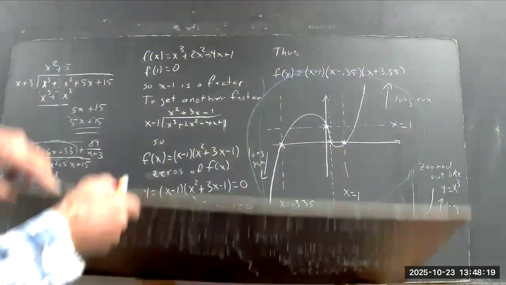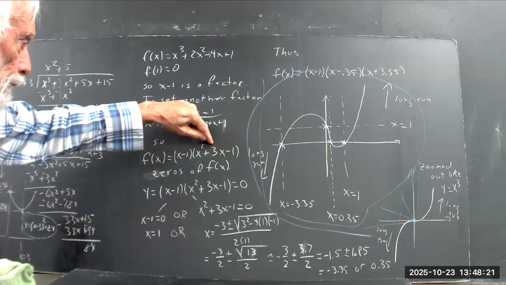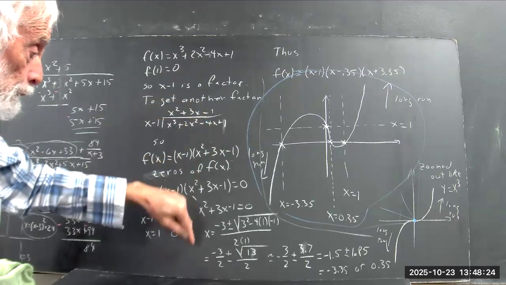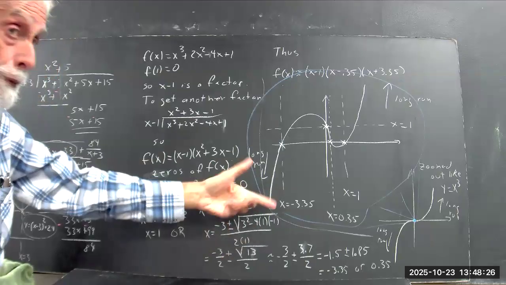Now, in the example we saw earlier, we saw that this thing could be reduced because these are real numbers.